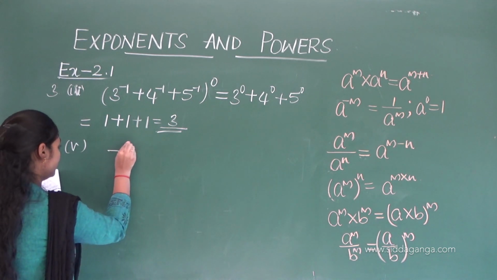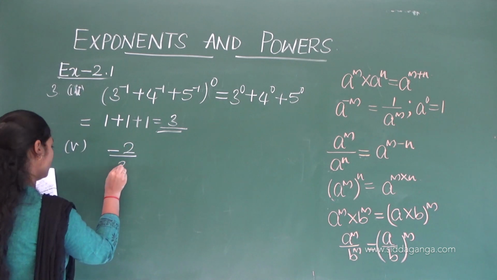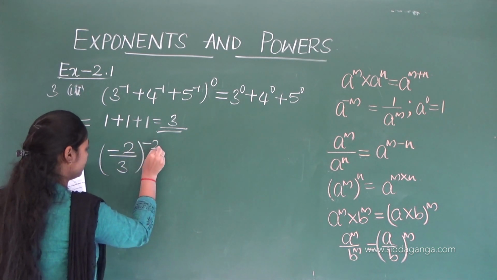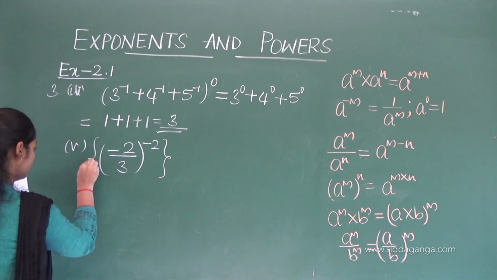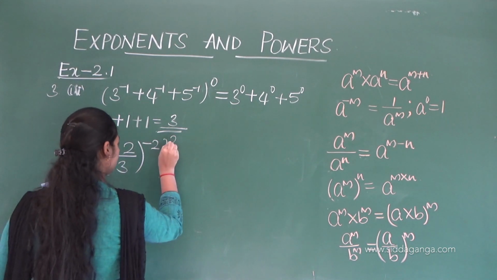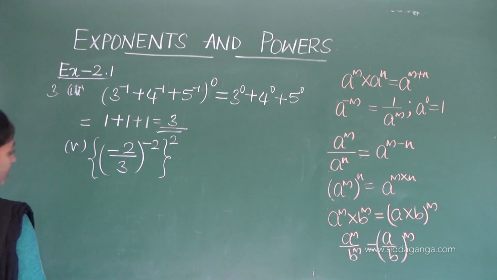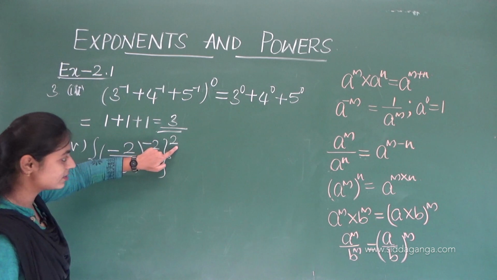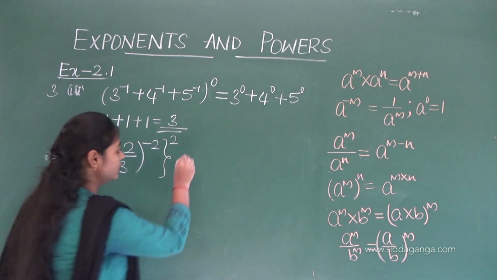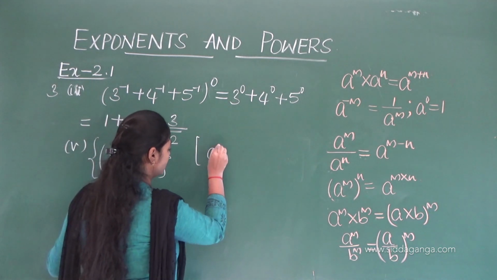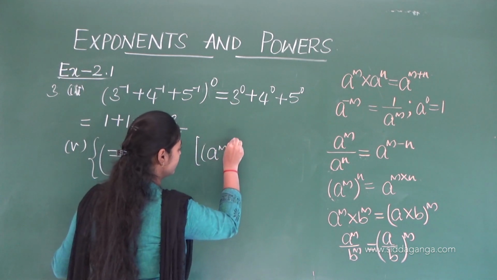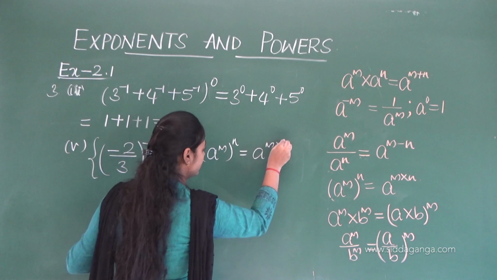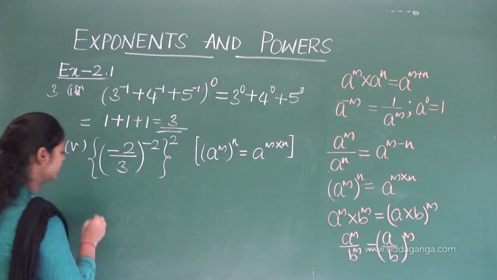Next one, (-2 divided by 3) whole power -2 whole power 2. First, which law do we apply? a power m whole power n is equal to a to the power of m into n. (a to the power of m) whole to the power of n is equal to a to the power of m into n.